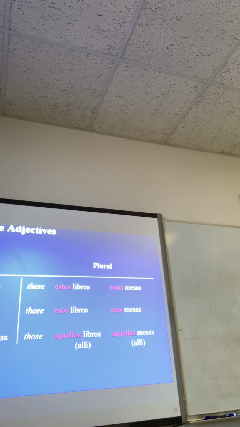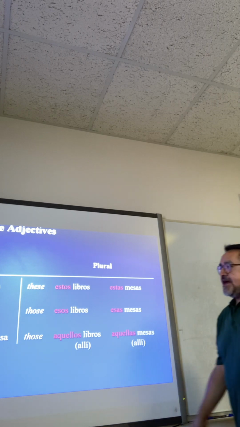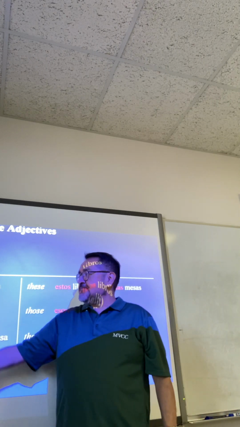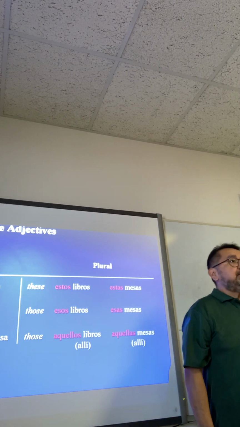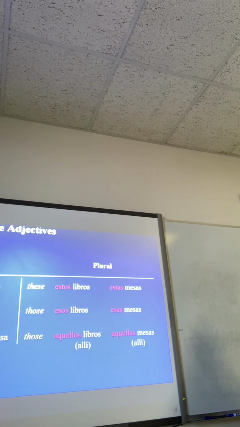We have a word for that over there, and that would be aquel. Looking at Katie's book, I would say aquel libro, that book way back there. Or I suppose the desk next to her, aquel pupitre, that desk that's way back there.